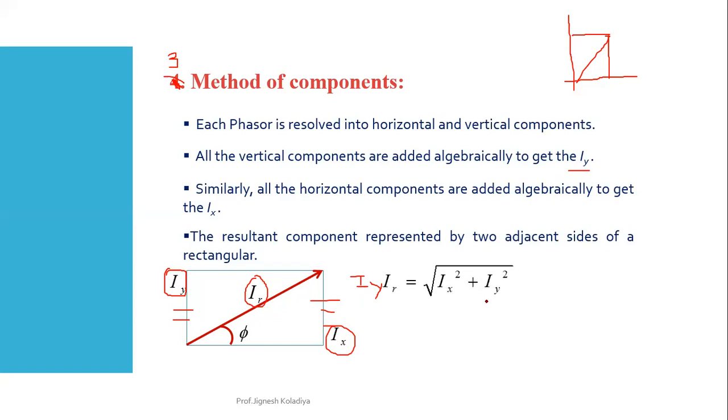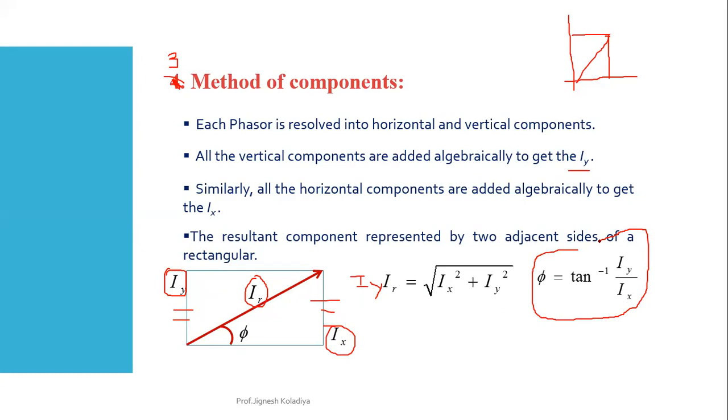So simple. You will get your resultant directly. And similarly, apply the tan phi. So what we are getting? Iy by Ix. Tan phi is equal to Iy by Ix. So phase angle phi is tan inverse Iy by Ix. Okay. So method of component is the easiest method out of all.